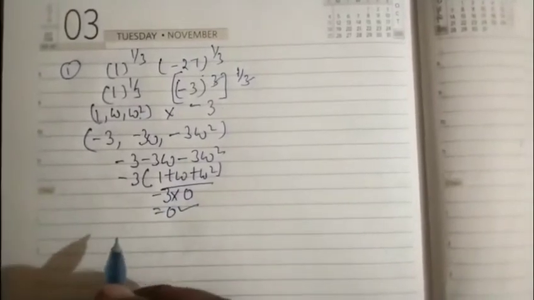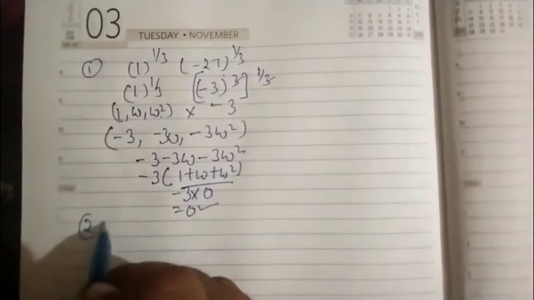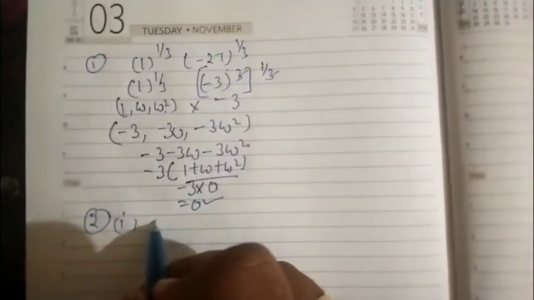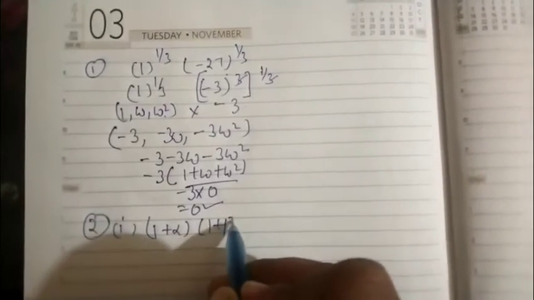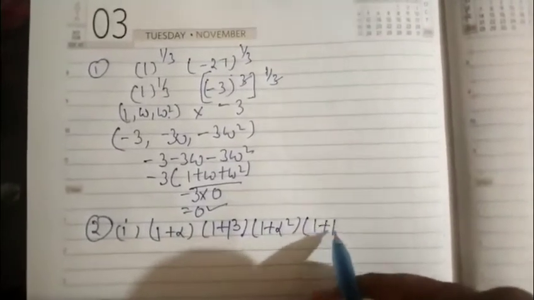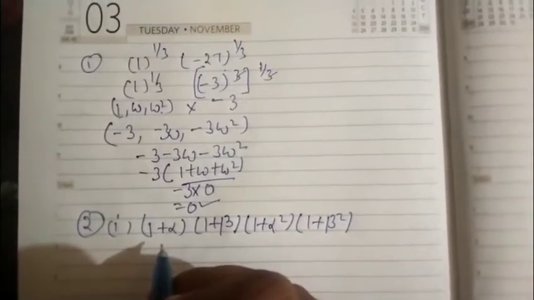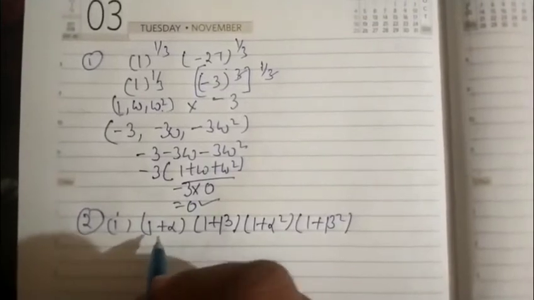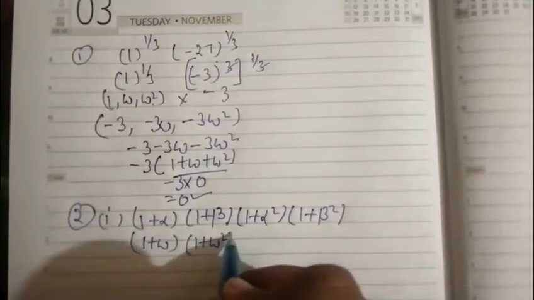Now look at question number 2. First part: alpha, beta are the complex cube roots of unity, then prove that 1 plus alpha, 1 plus beta, 1 plus alpha square and 1 plus beta square is equal to 1. For complex cube roots of unity, in place of alpha we write omega, and in place of beta we write omega square.